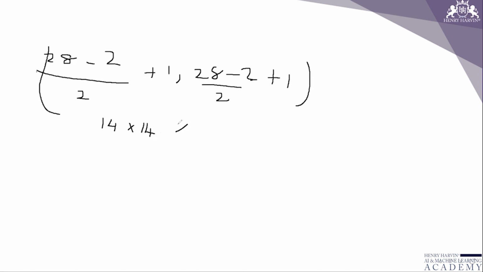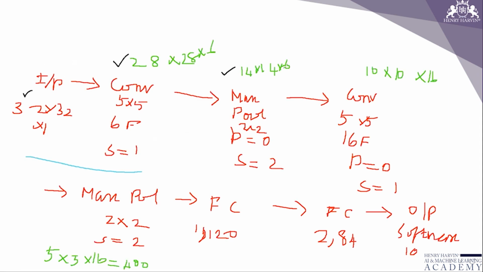Yes, right. So in the third layer, this is what we had. And what is the input to this third layer? That is 14, right? And the convolution is 5 cross 5. So that becomes F, right? And what we got in the previous case, 14 into 6. This is what will be the output.